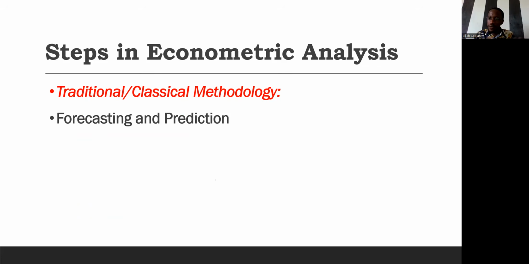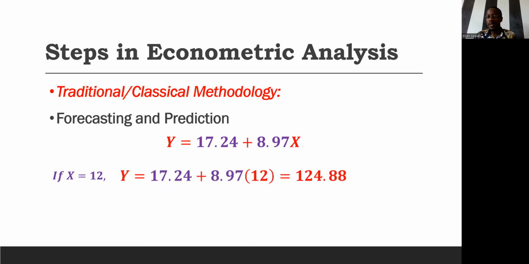Let's move on. After you have tested the hypothesis and realize that your estimates were found to be significant, then you can go ahead and use that model that you have estimated for forecasting and prediction. So a typical example is the estimation of the regression equation. What you would do is, we remember the y represents consumption, the x is the income. So if you have an income level of $12 and you substitute into the regression model, you end up getting $124.88 level for consumption.